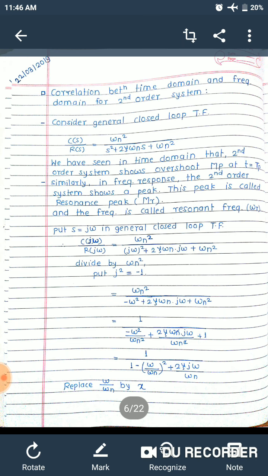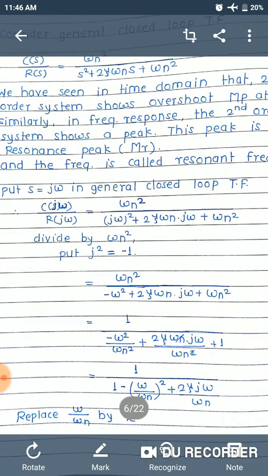First we put j square equal to minus 1, therefore C of j omega divided by R of j omega is equal to omega n square divided by minus omega square plus 2 zeta omega n j omega plus omega n square. Only in the first term, where j square omega square appears, we have put j square equal to minus 1. Then we have divided by omega n square.